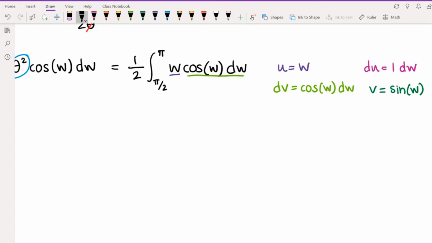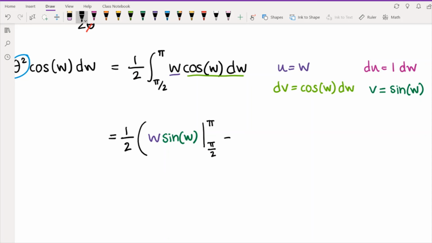Okay, so now we're left with 1/2 times, and so we have to be really careful. We're going to have some parentheses going on here, right? Because we have 1/2 times this whole thing, but this integral is about to break into 2 pieces. So we have first u times v, so that's w times sine of w. And then from that we're subtracting, and then we have to evaluate that at pi and at pi over 2.